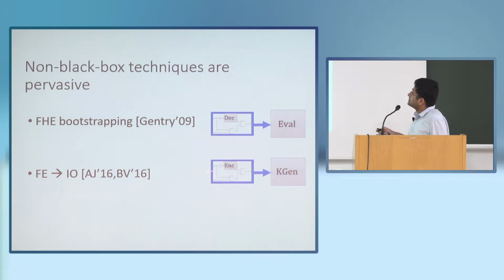Here, the functional decryption keys that are issued for a functional encryption scheme have encryption algorithms hardwired inside them. So that makes a non-black box use of the encryption algorithm in the decryption keys. Okay?